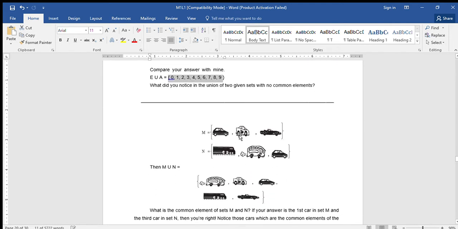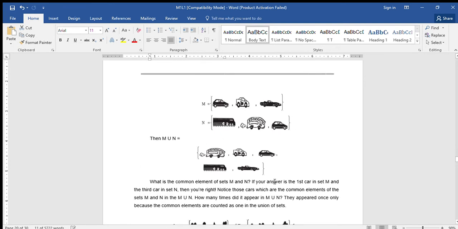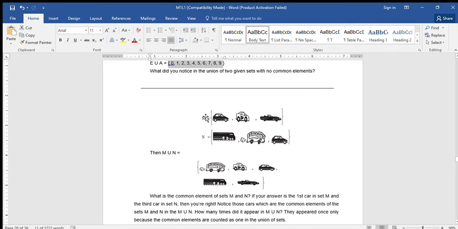There, we have here M and N, and then M union N. So, ipangtibo na to sila tanan. So, we have here the set M and the set N. The set M and the set N, right?